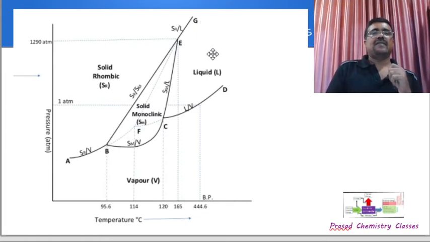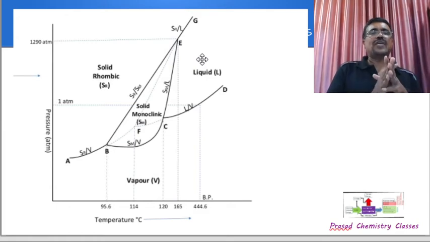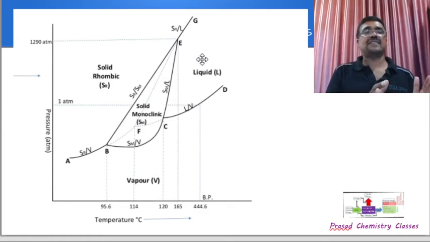Okay, then we have this point E. Before that, you have to consider the curve BE also. What does that indicate? That is also an equilibrium, between two solid phases.